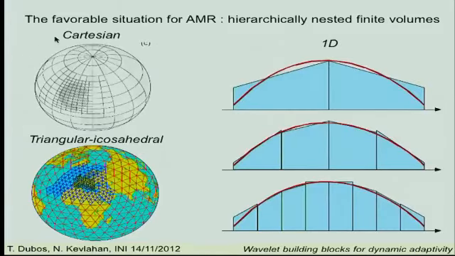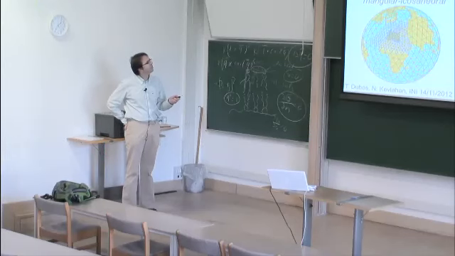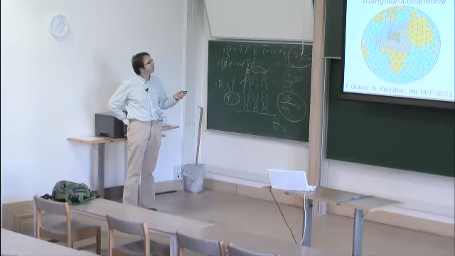So if we think in terms of AMR, AMR works very well in the case where we have hierarchically nested finite volumes, like in this, so that's taken from a paper by Christian Jablonowski.